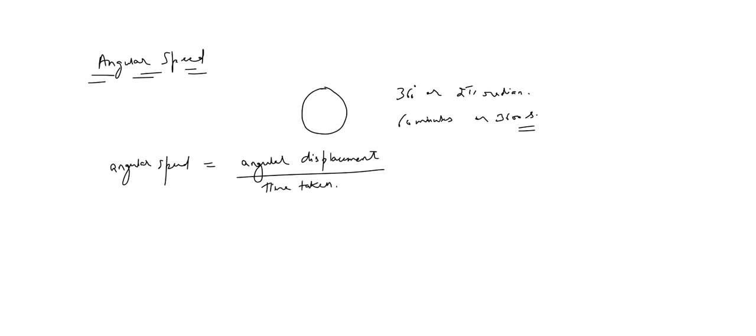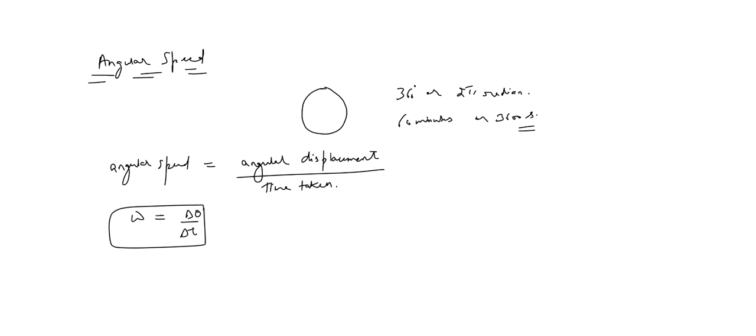As in linear speed we define per unit time how much distance in meters is covered, so in angular speed we define per unit time how much angle is covered, right? It is denoted by omega, angular displacement we denote by delta theta, and time taken by delta t. So omega is equal to delta theta by delta t, right?